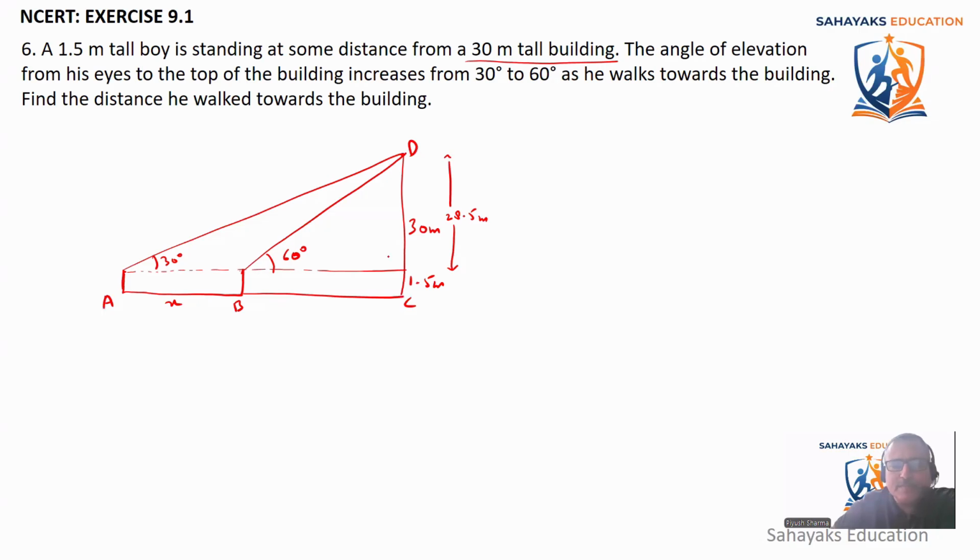So let's find tan 30. So what is tan 30? I'll say this point is P, tan 30 is equal to DP divided by AC.